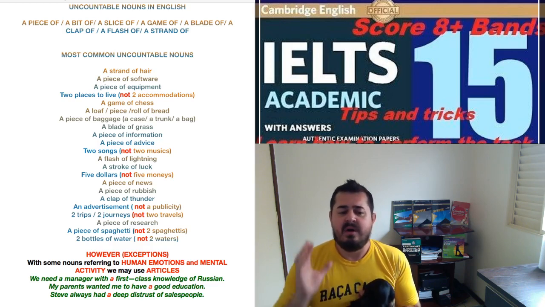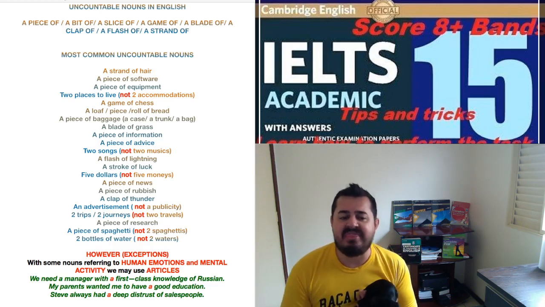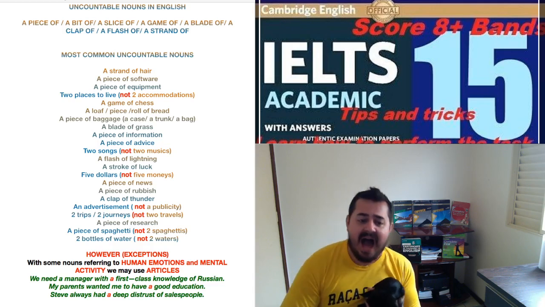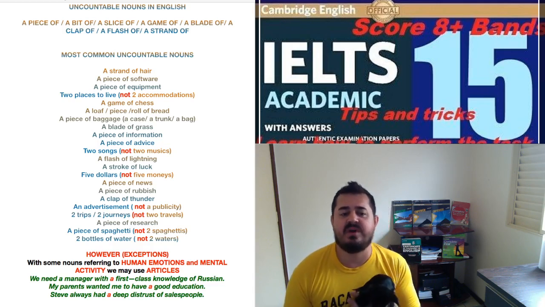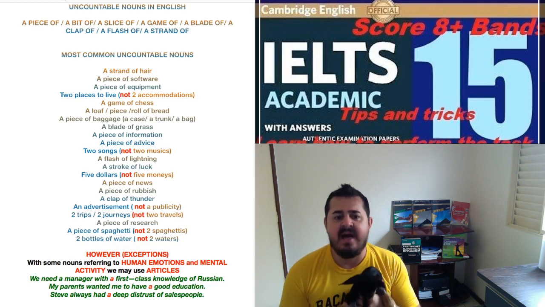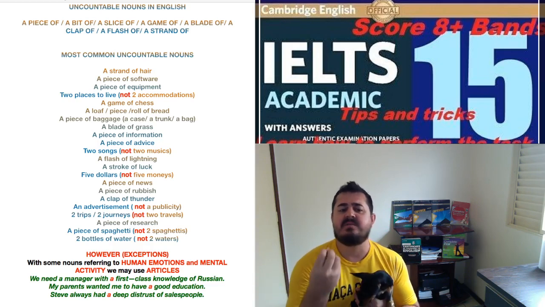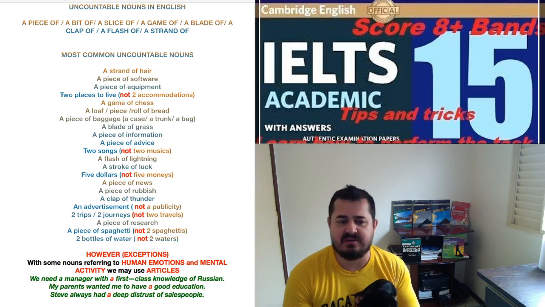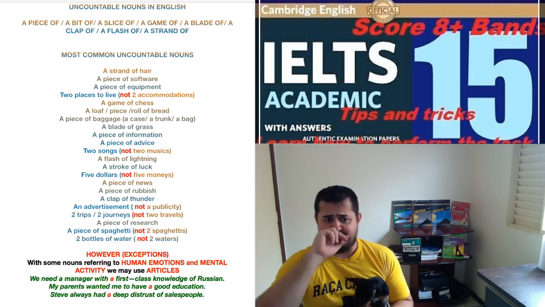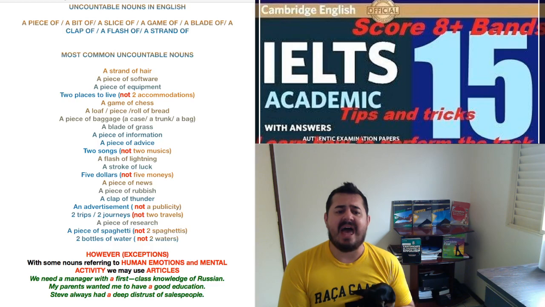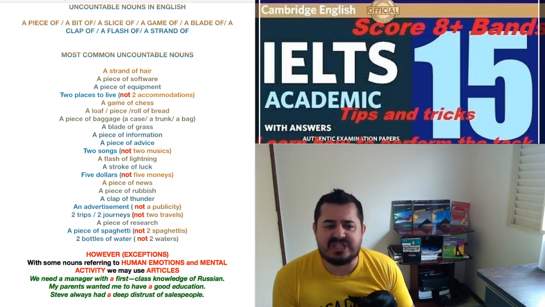We cannot say we need a manager with first class knowledge. It's with a first-class knowledge of Russian, because in that case that's what we're referring to as a mental activity, a mental knowledge. Second example, my parents wanted me to have a good education.